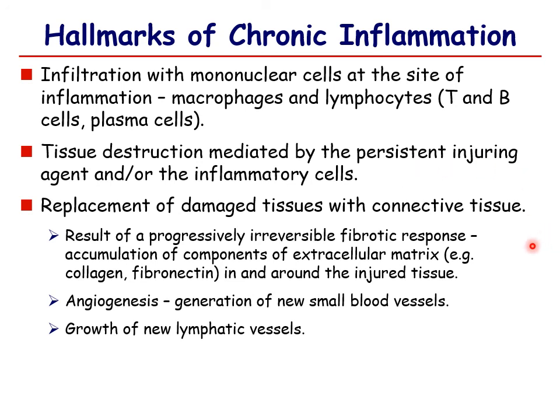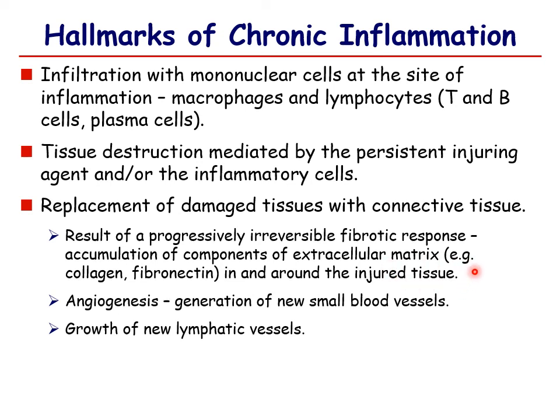Third, chronic inflammation is marked by replacement of damaged tissues with connective tissue. This is a result of a progressively irreversible fibrotic response in which components of extracellular matrix such as collagen and fibronectin accumulate in and around the injured tissue.